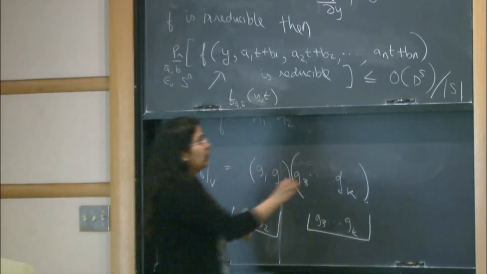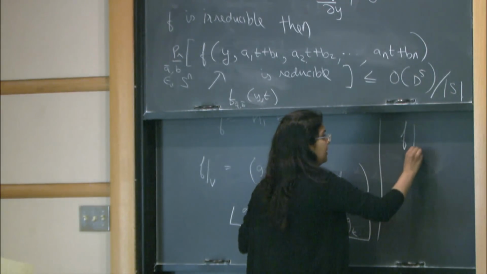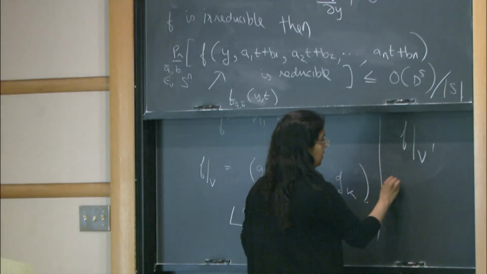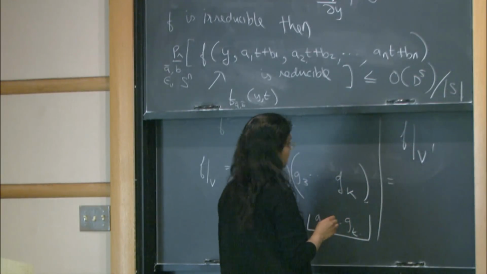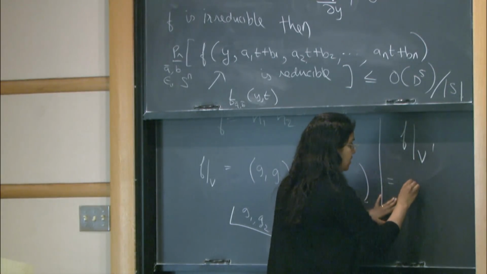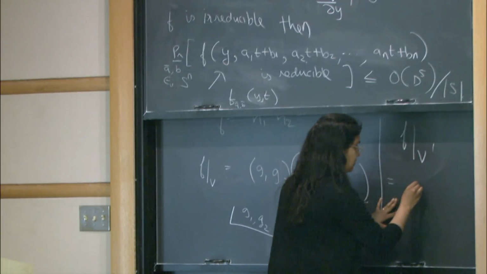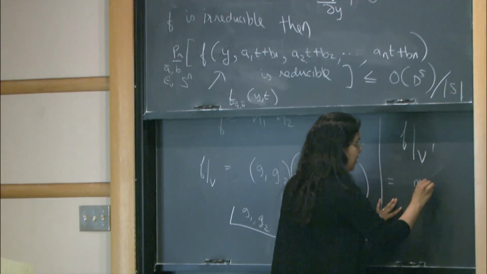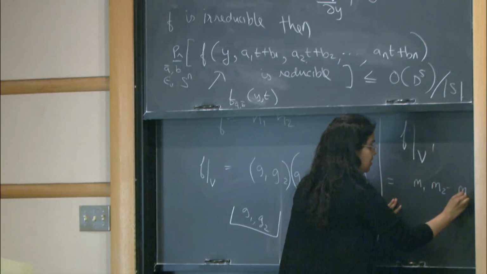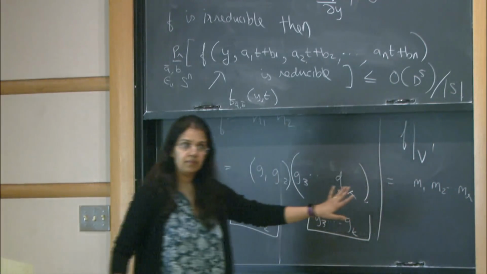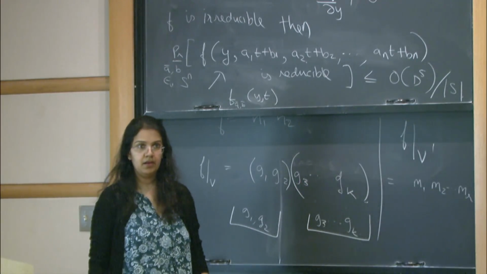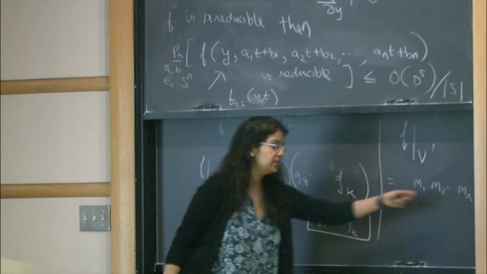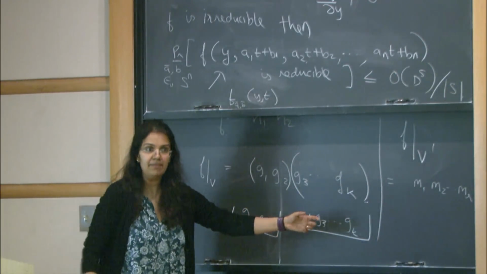Now when I look at f projected down to v prime, and I have factors m1, m2, up to mr, I need to know how these mi's correspond to these gi's also.